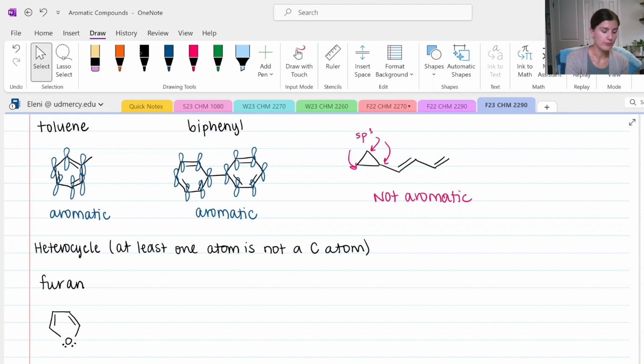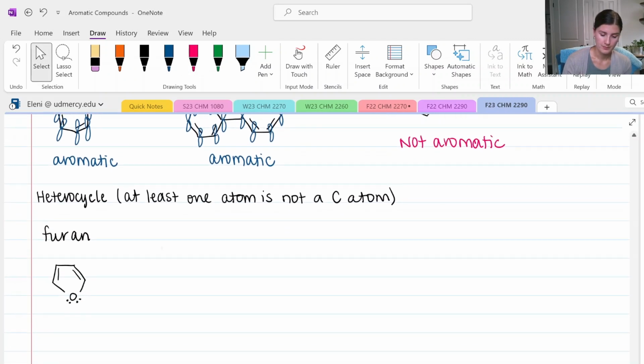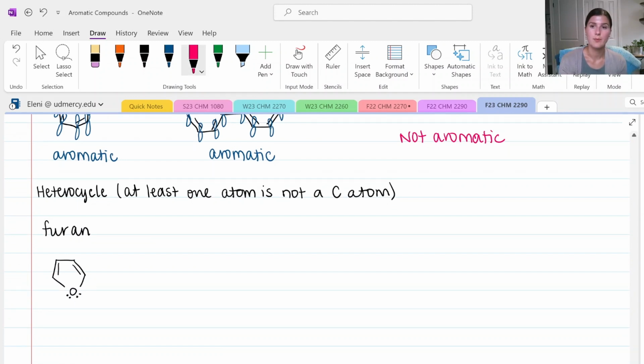It might be helpful to first consider resonance to think about whether pi electrons can resonate around the entire ring. And it's helpful to think about that because when we first look at the molecule, it might appear that we have 4 sp2 carbons and an sp3 oxygen.